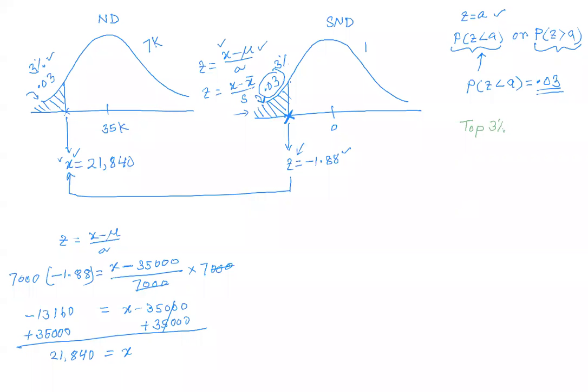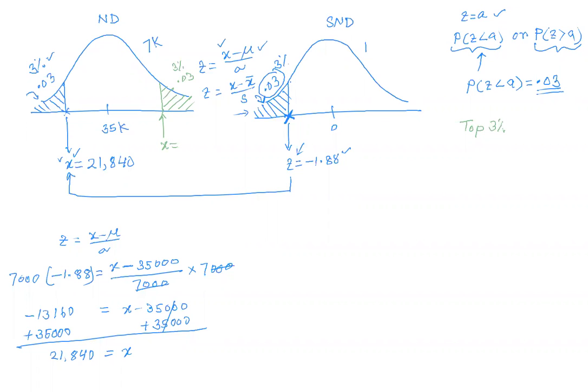So we want the top 3%. So that would be to the right, top. So this is the X value that we are looking for. X is equal to, so this area is 0.03 or 3%.